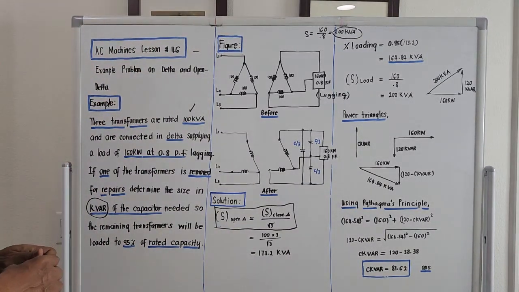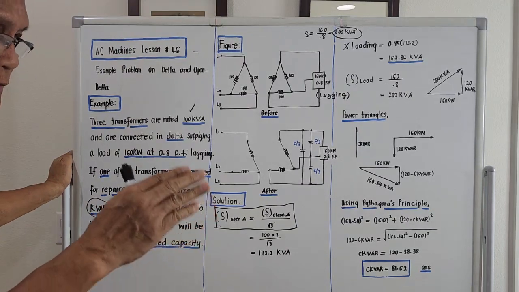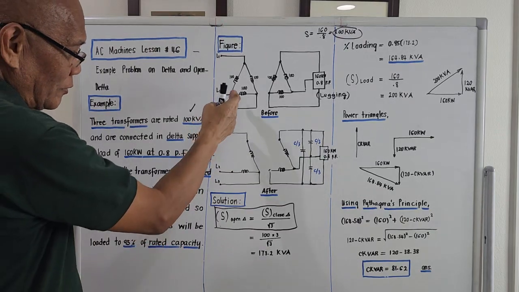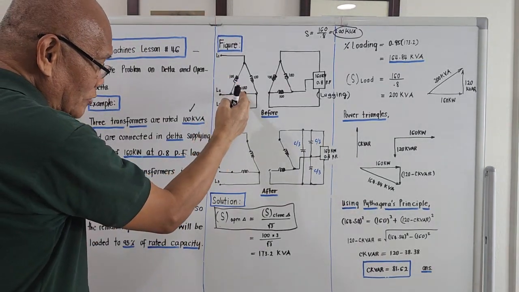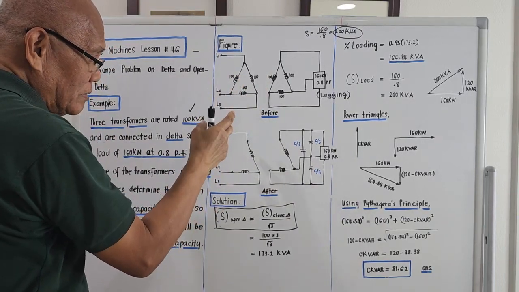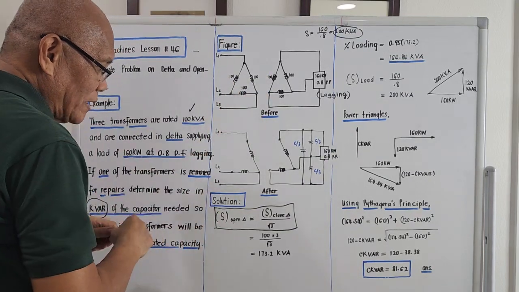If we compute the total apparent power rating of the closed delta, the total apparent power that could be carried by the closed delta will be the individual ratings of the transformers. Since originally there are three, it should be 100, 100, 100, so this is 100 times 3.